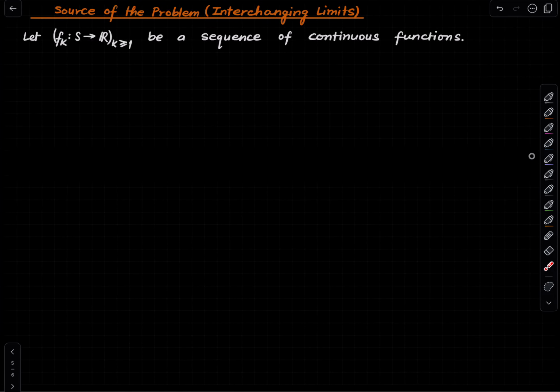So what is the source of this pathology? Can we nail down some technical reason for the lack of carryover of continuity in the limit? So fix a sequence of continuous functions. Here I'm indexing them by k rather than by n. Let us try to examine what can go wrong in trying to argue that the limit function is continuous.